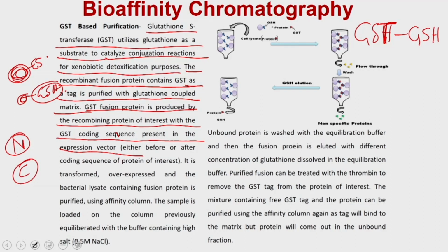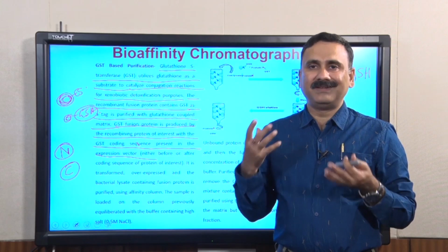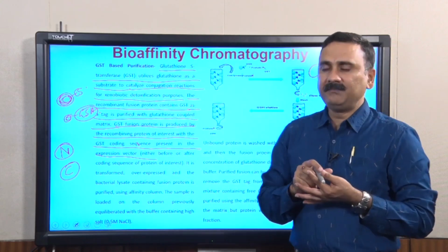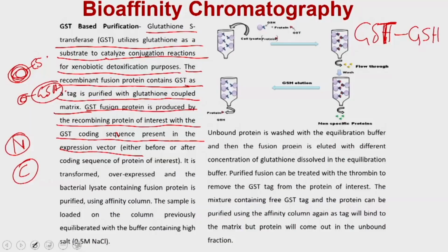So, you will transform this fusion protein which contains the GST either on the N terminus or the C terminus, and then you will overexpress the protein, take the protein lysate and pass it through the column. The beads have GSH coupled onto them, and the protein has GST as a tag.